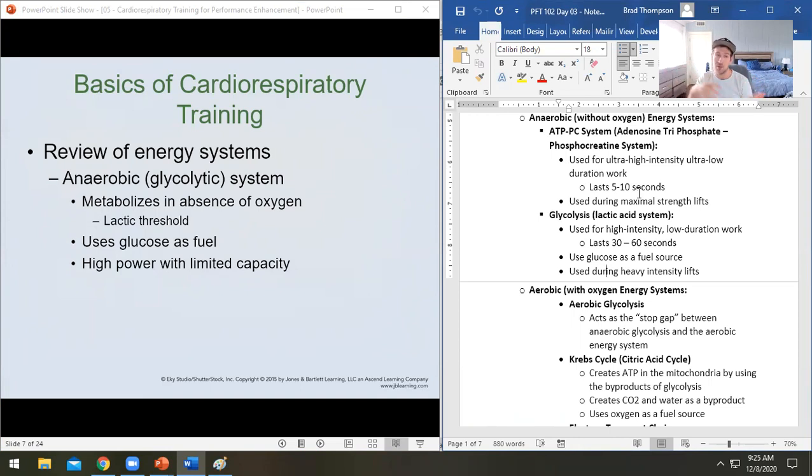Those sugars are going to enter my bloodstream, and then that sugar is going to be used to produce ATP. It's going to do it through glycolysis. This is also sometimes referred to as the lactic acid system. You'll sometimes hear people refer to it that way because the byproduct of producing ATP is going to leave you with some lactic acid. So your body's going to take sugar and break it into ATP, and there's going to be this extra byproduct that also gets produced.